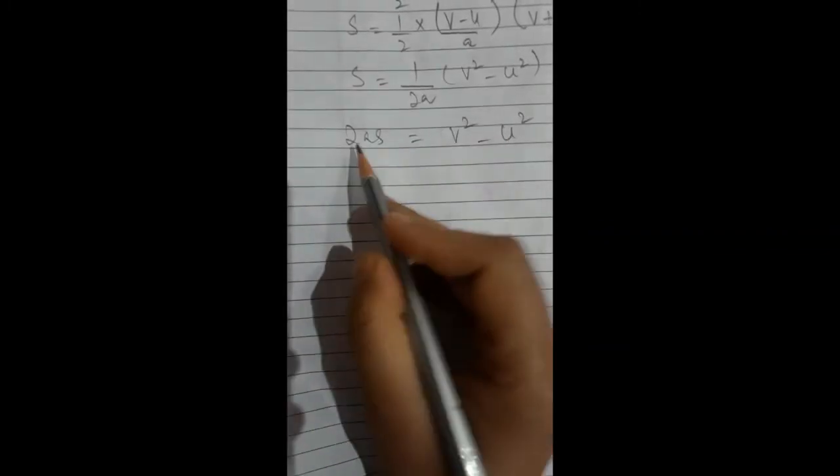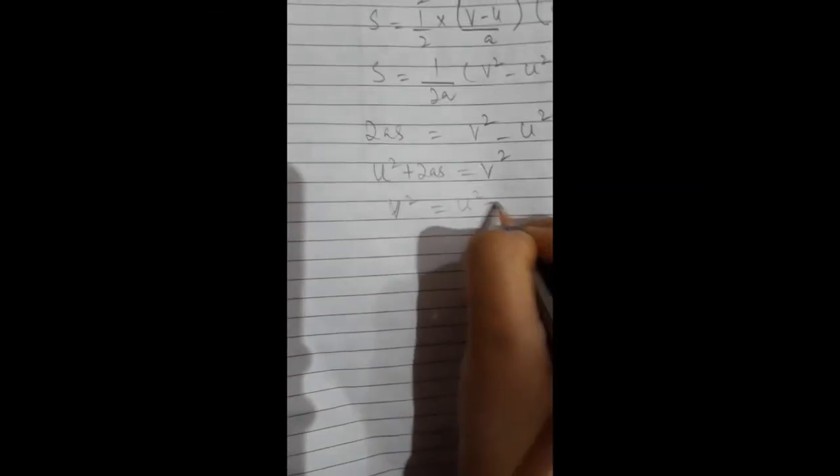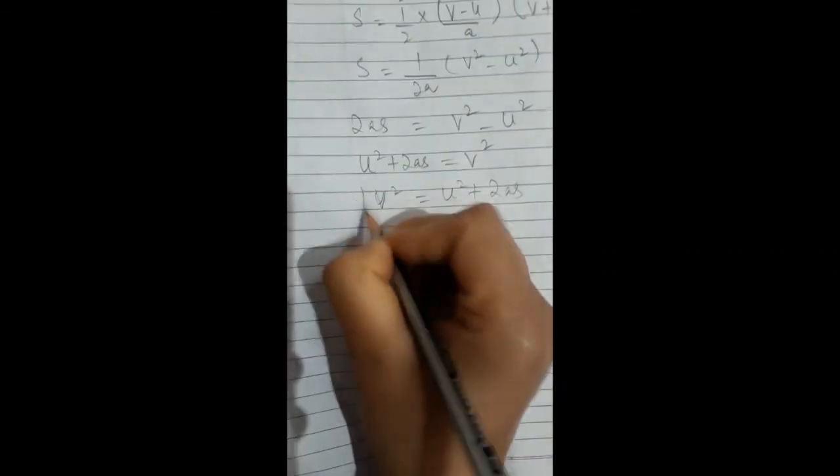So 2A will go here. It's 2A times S, that's V square minus U square. Now if U square gets transferred here, it would be U square plus 2AS is equivalent to V square. You can write it also like this: V square is equivalent to U square plus 2 times AS. This is the derivation for the third equation of motion.